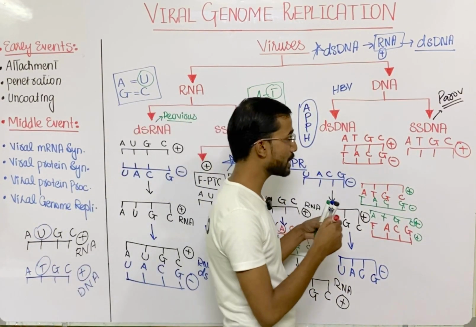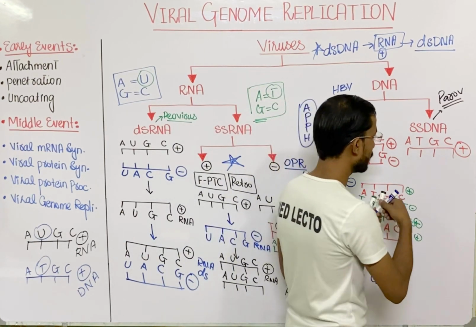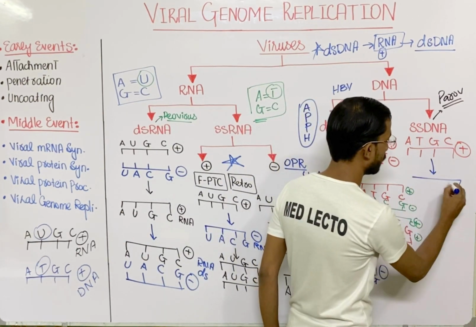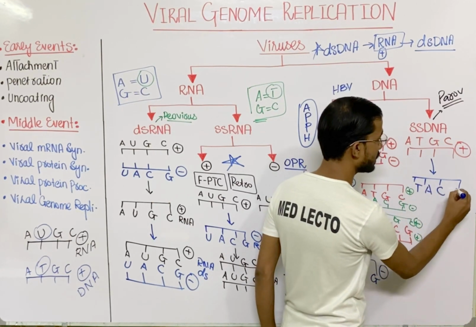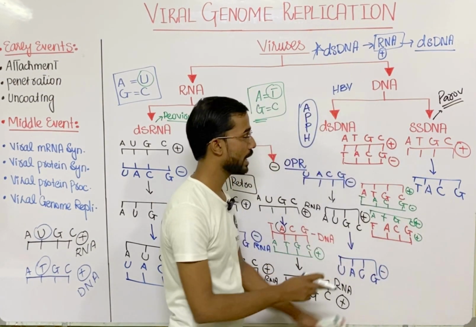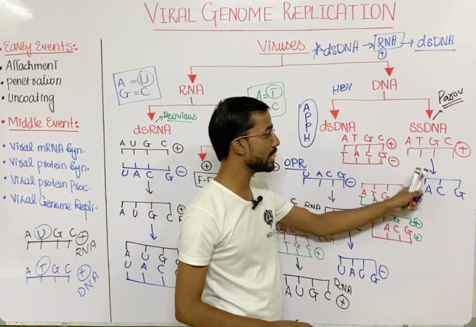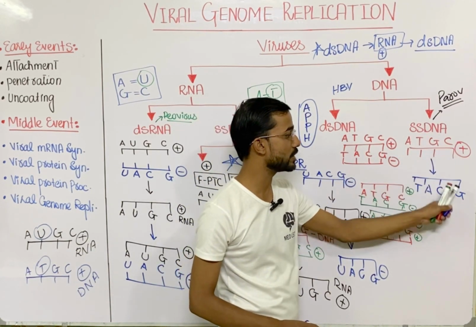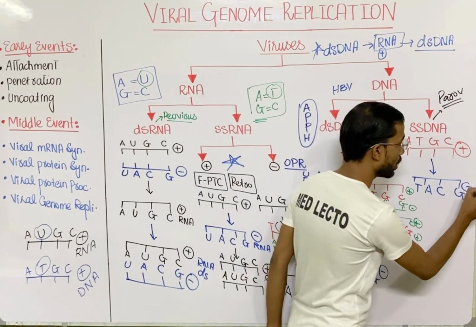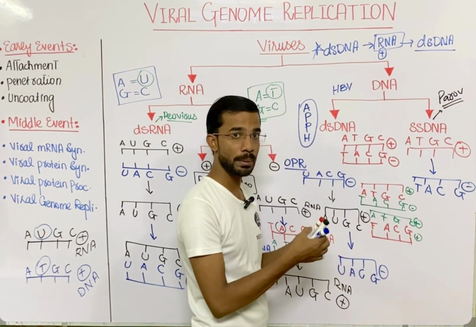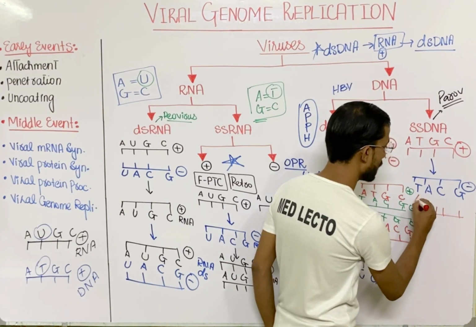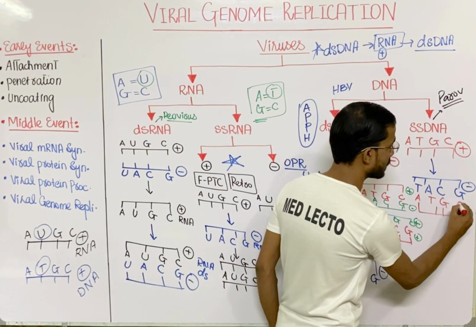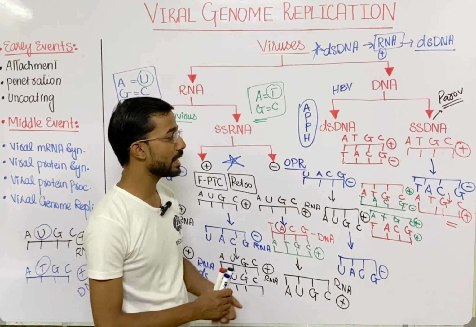It will first form the negative, that is TACG, by the complementary system: A opposite to T, T to A, G to C, C to G. Now this is the negative, and after that it will form the positive polarity strand, that is ATGC. Now this is the positive.